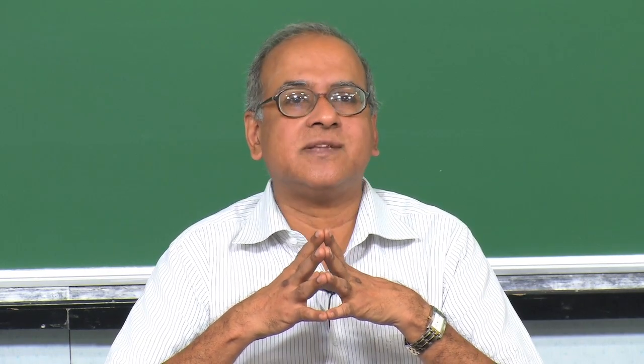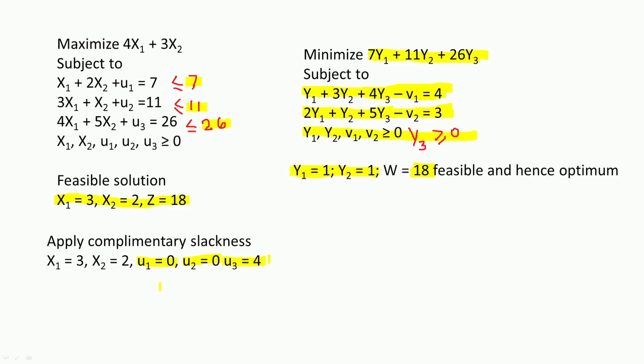So this is the complete primal solution which also includes the non-basic variables as well as the slack variables. If we had actually solved this by the simplex algorithm, we would have got x1 equal to 3, x2 equal to 2 and u3 equal to 4.